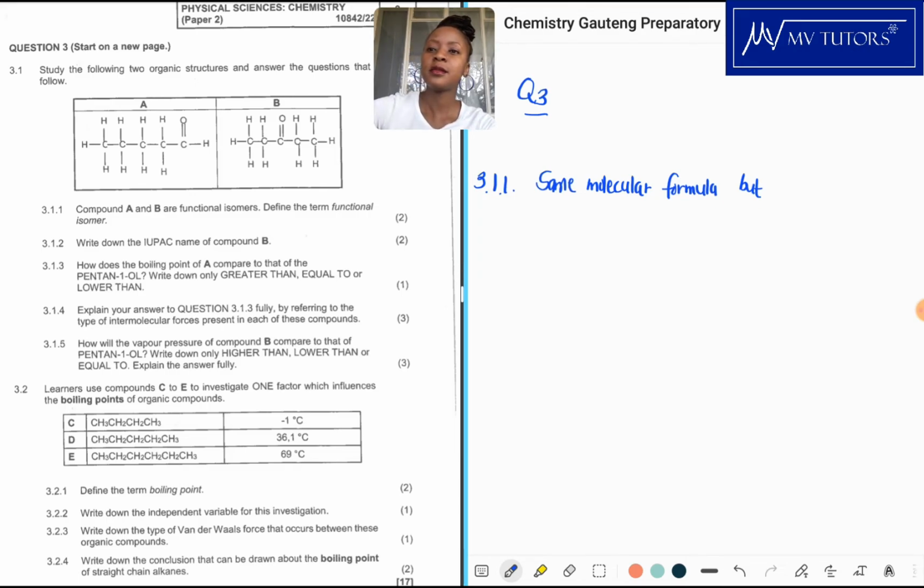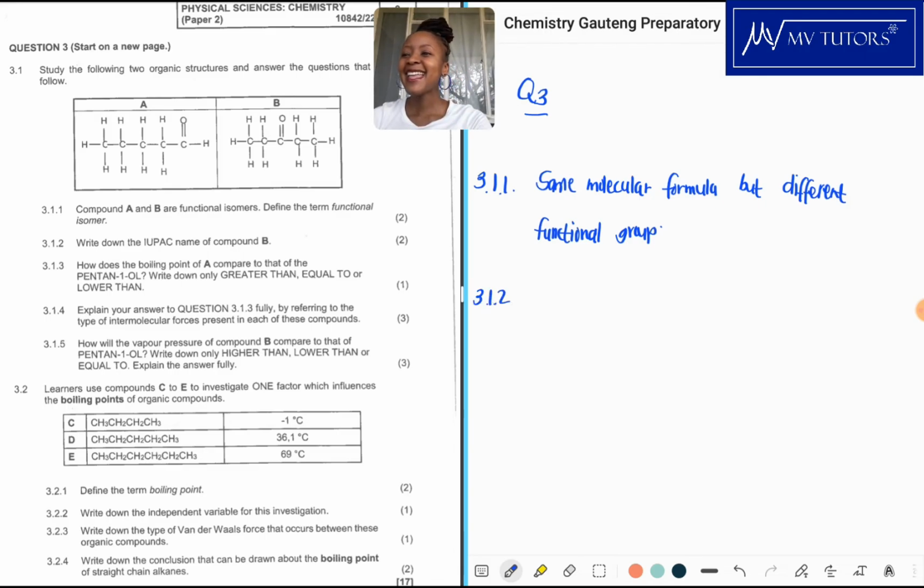So same molecular formula but different functional group. The ketone is from the carbonyl group and the aldehyde is from the formyl group. I don't think they need you to mention that, but you can always mention it.